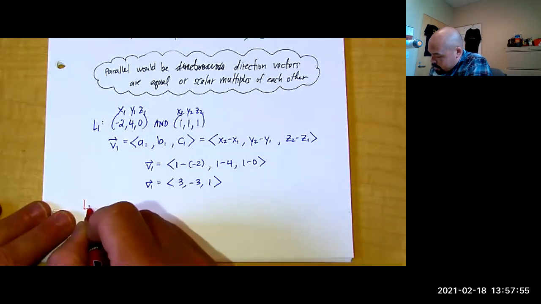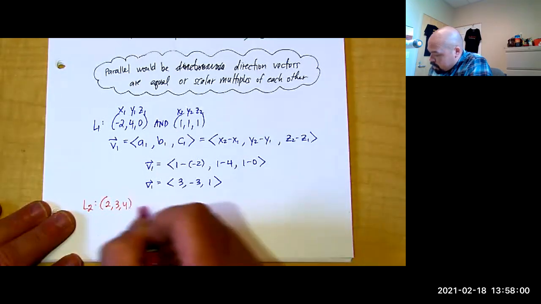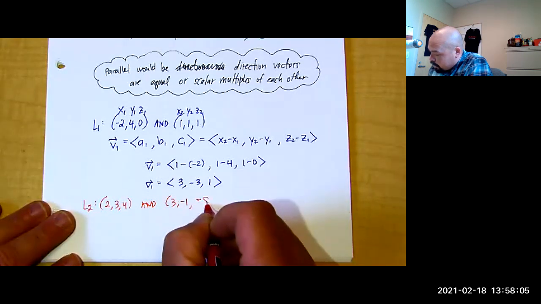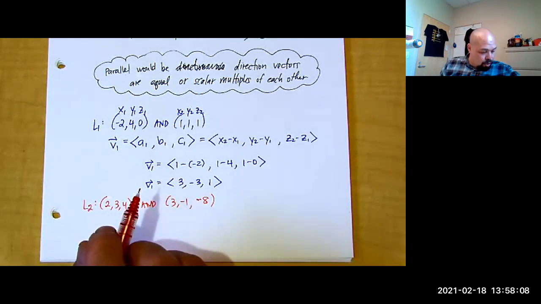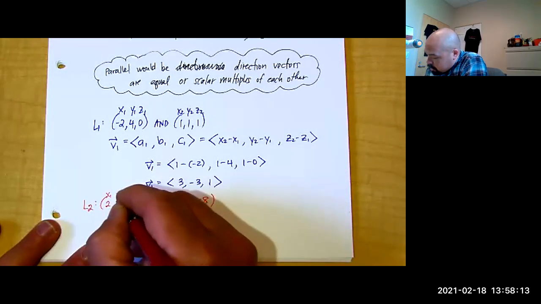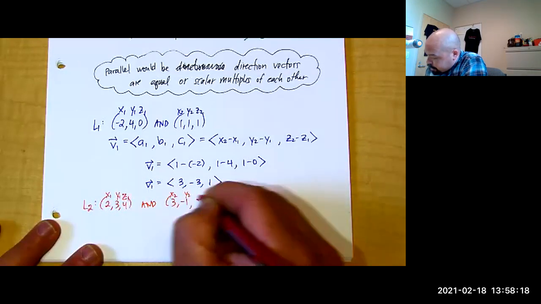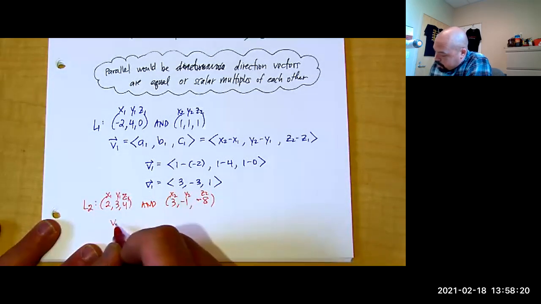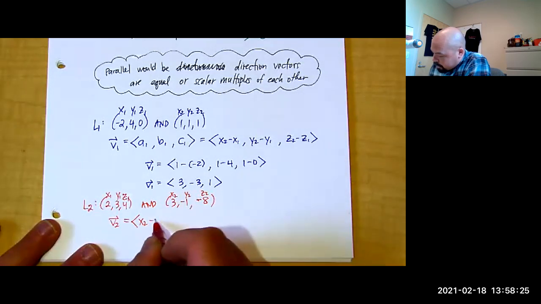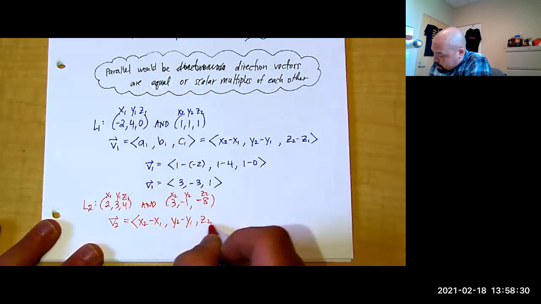Line 2. Our 2 points here, 2, 3, 4, and our second point, 3, -1, -8. Make sure I get that sign. Good. So again, x1, y1, z1, x2, y2, z2. Our second direction vector, again, x2 minus x1, y2 minus y1, z2 minus z1.